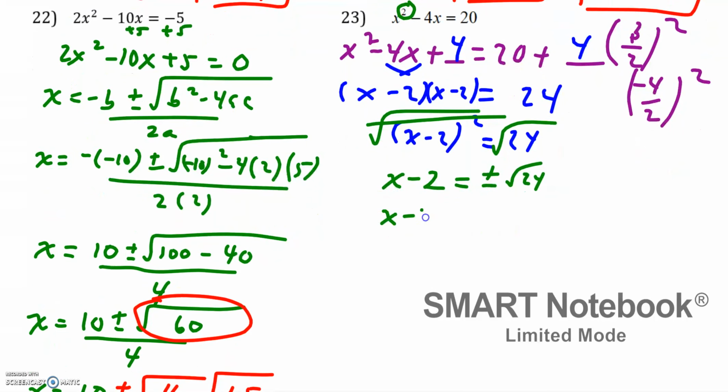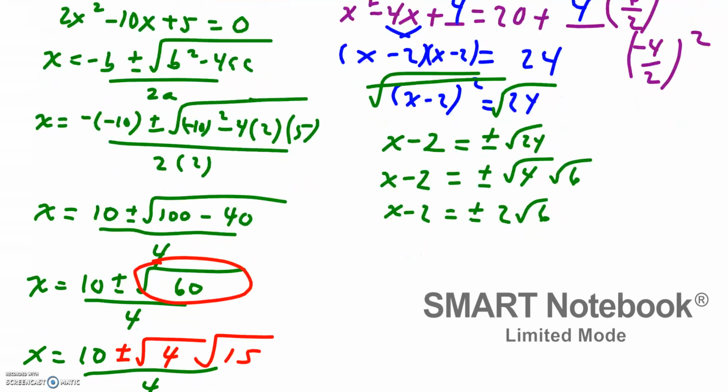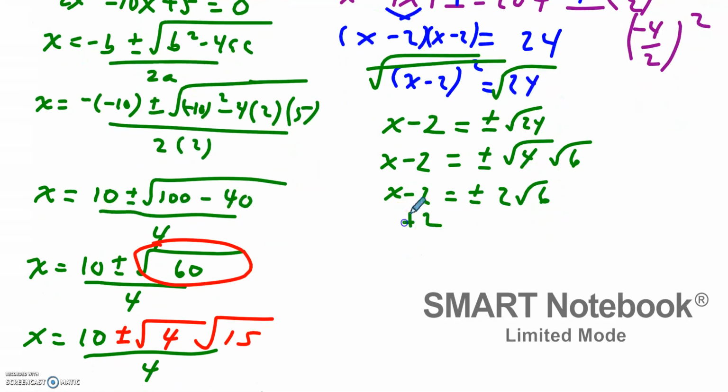So I have x minus 2 equaling plus or minus, might as well reduce the 24. I'm going to split that into 4 and 6. So I have x minus 2 equals plus or minus 2 root 6. And if I finally want to solve for x, I would add 2 on both sides and get x equals 2 plus or minus 2 root 6.